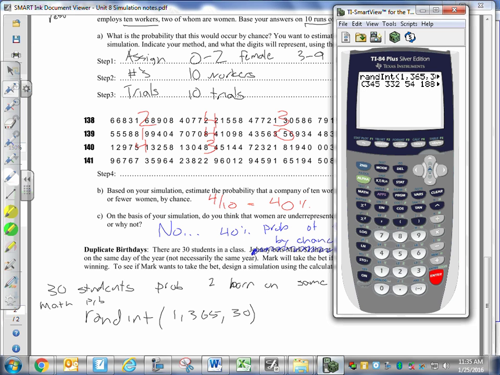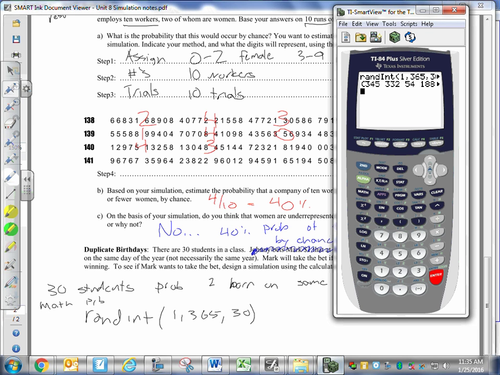Let's see your commas again. If you have the same numbers, it's because we have the same kind of seed. No, you shouldn't get decimal points. All right.